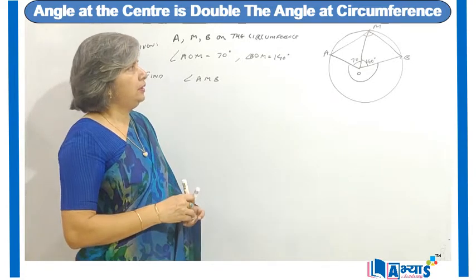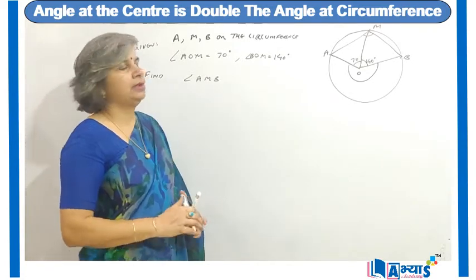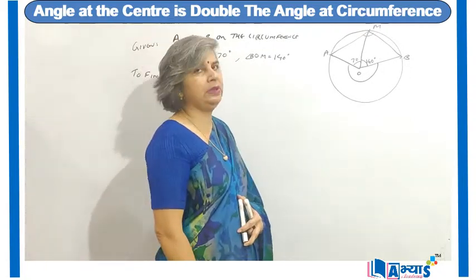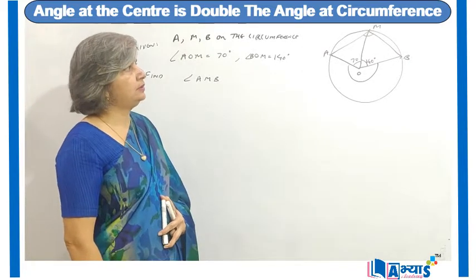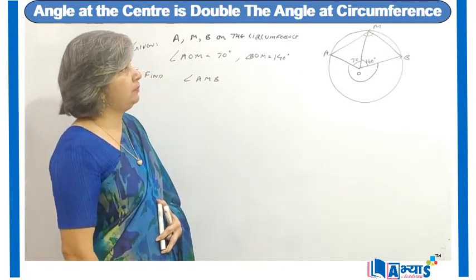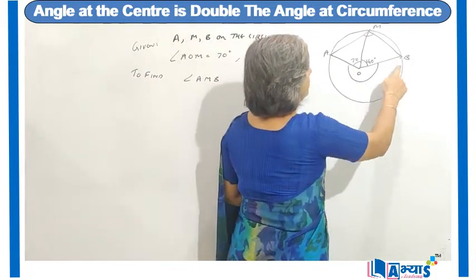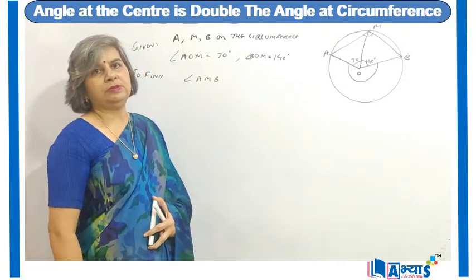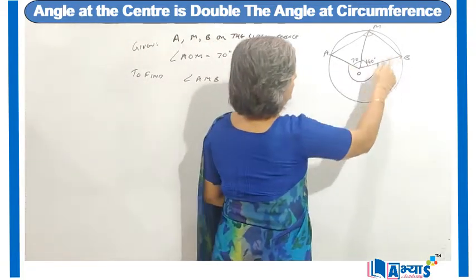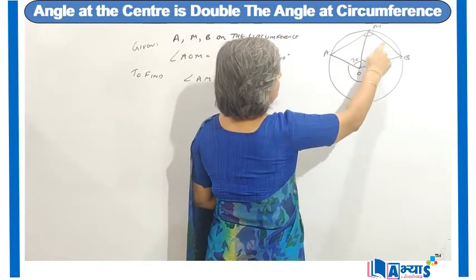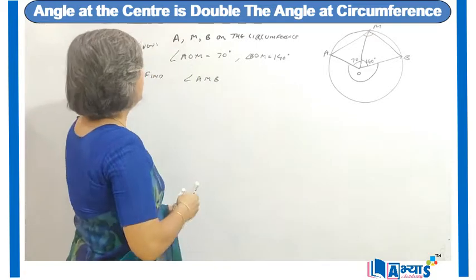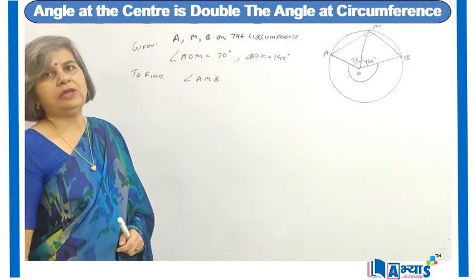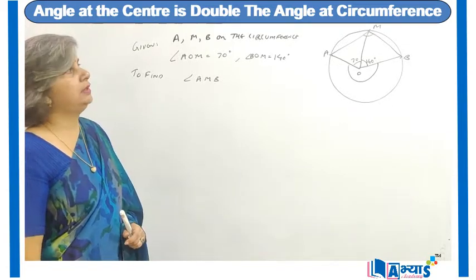Because the angle at the center and the angle at the circumference are in opposite segments. So what I will do for this, I will try to find the reflex of angle AOB. If I know the reflex of angle AOB, then only I can find angle AMB.